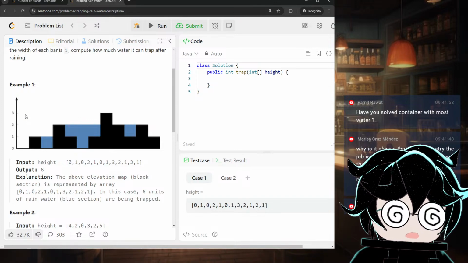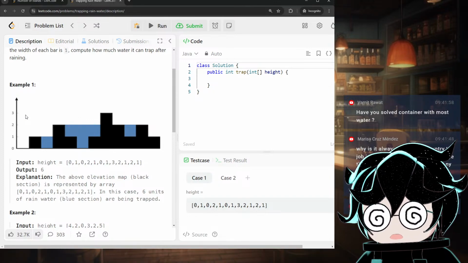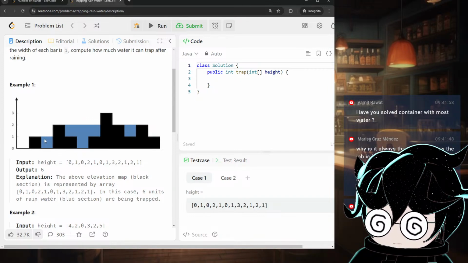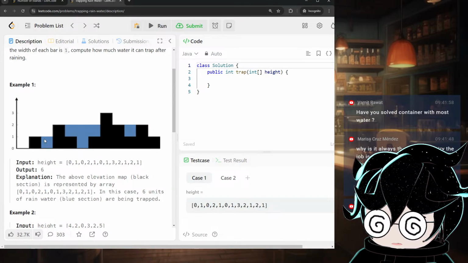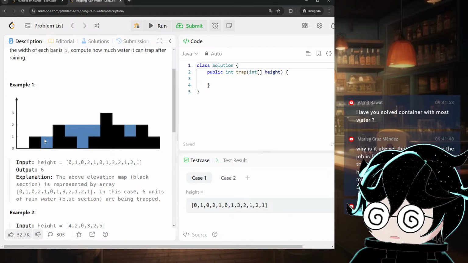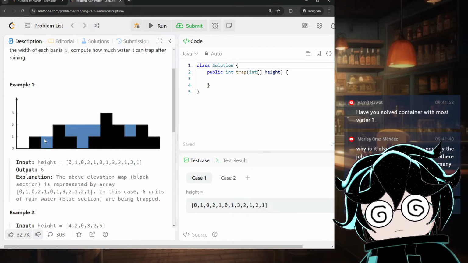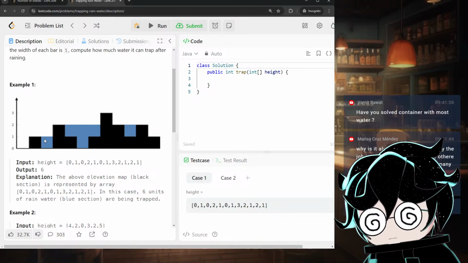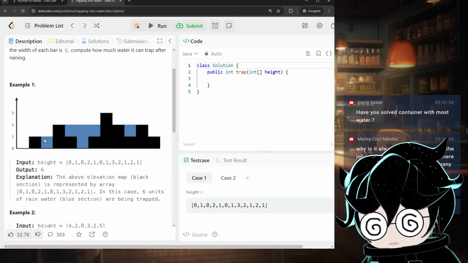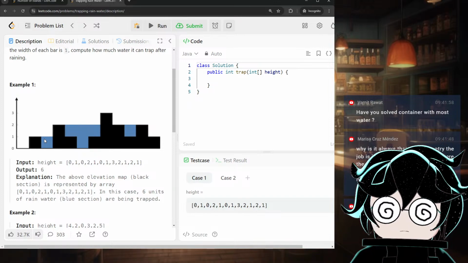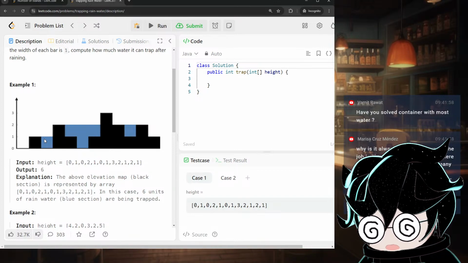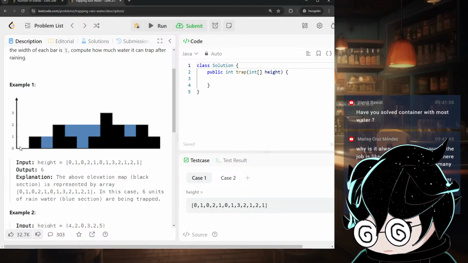Martin says, have you solved container with most water? Yeah, I have. That's the problem I was referring to, the 2-pointer one. Oh wait, the 2-pointer one. Do we do the same 2-pointer method here? Is that gonna help us in any way?